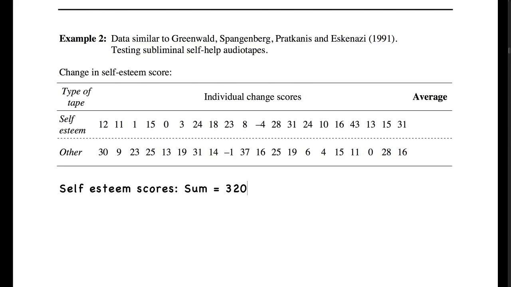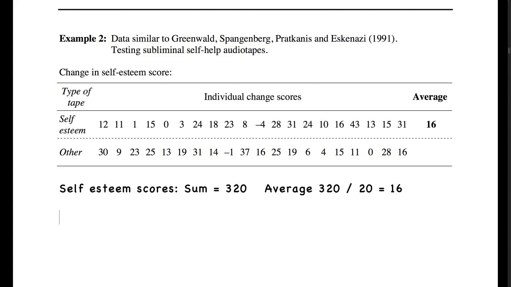Now there are 20 individuals there, so the average we can find by doing 320 and dividing that by 20, and that comes to 16. So we can put the average there, 16.